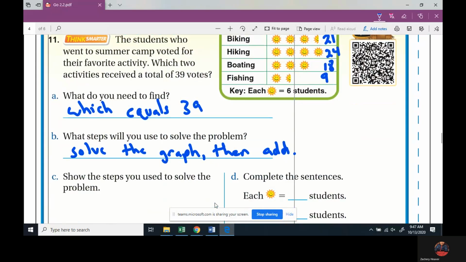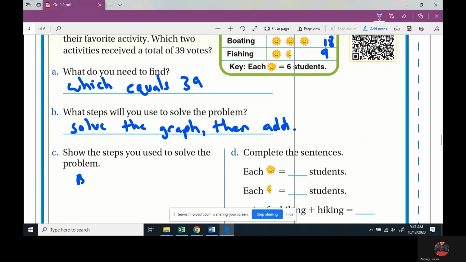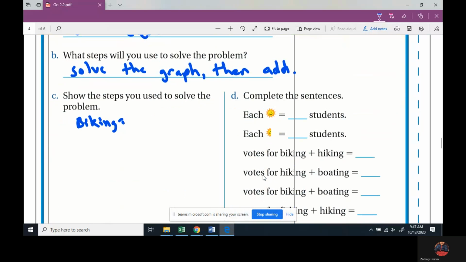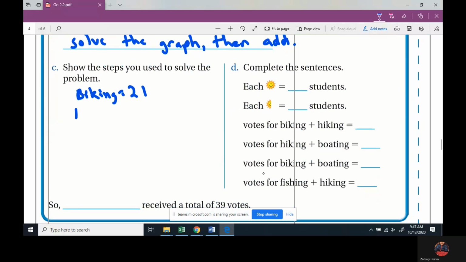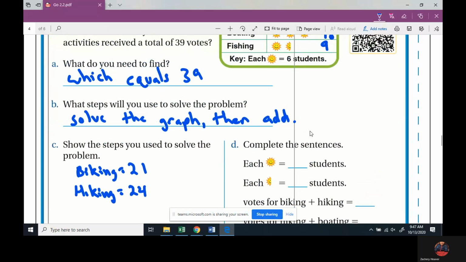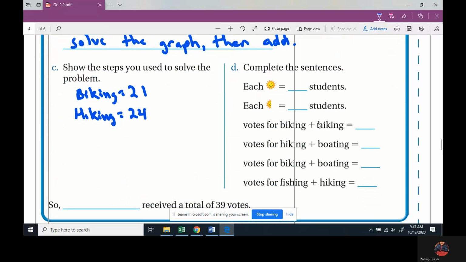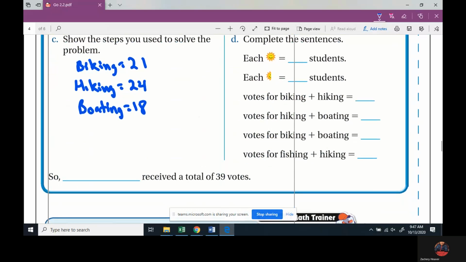So all I'm going to do is write biking equals how much? 21. Hiking equals 24. Boat equals 18. Make sure you're writing this, guys. And fishing equals 9. Make sure you write that.